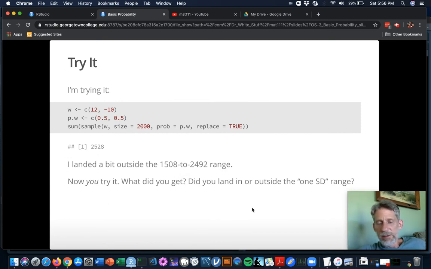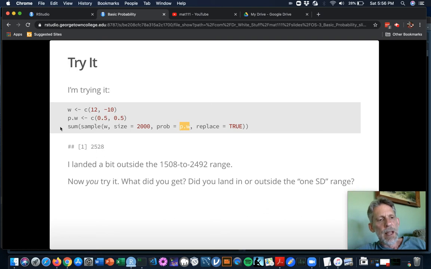So let's just see what happens if we play 2,000 times. Well, let's set up our winnings, 12 and minus 10. Probabilities for our winnings, 0.5 and 0.5. And let's sample from our possible winnings 2,000 times, 50% chance for each one.